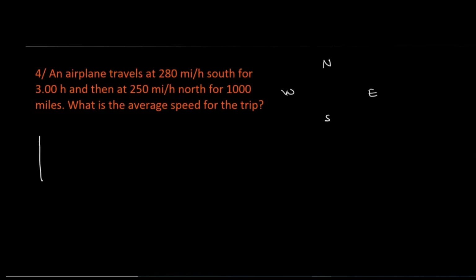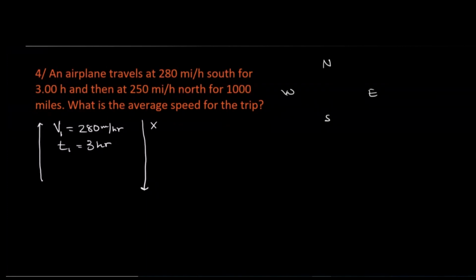From this to this, the aeroplane velocity V1 is 280 miles per hour for 3 hours. Then it changes direction, and 250 miles an hour north for 1000 miles. Now remember, this just changes direction to the south this way.